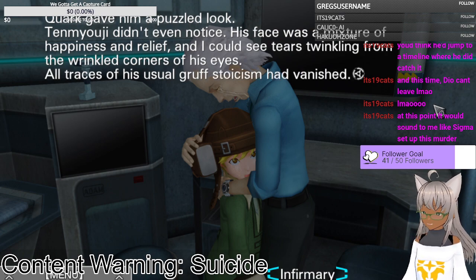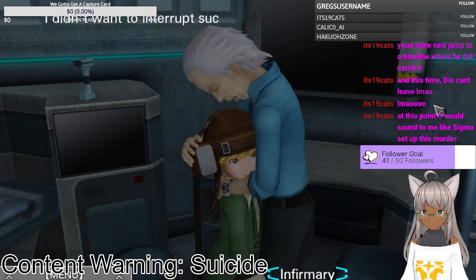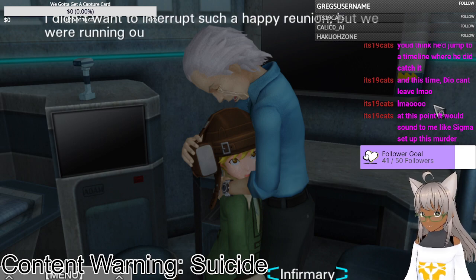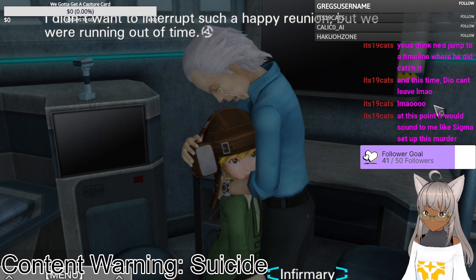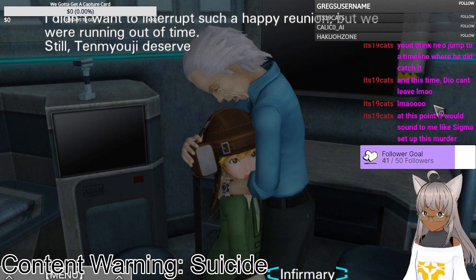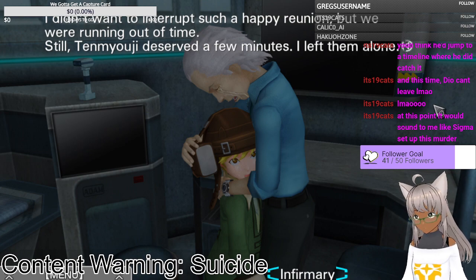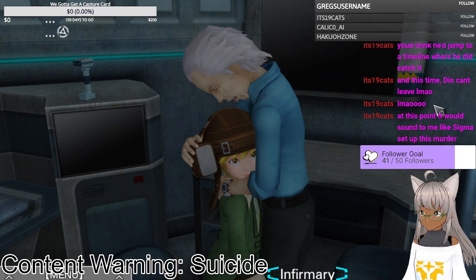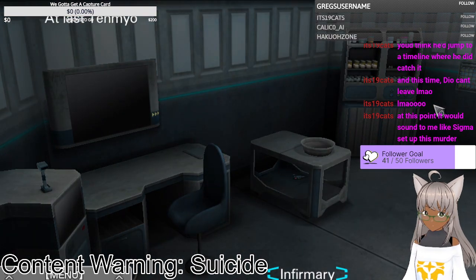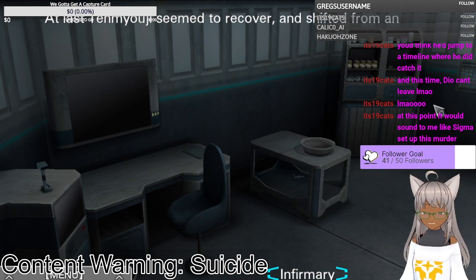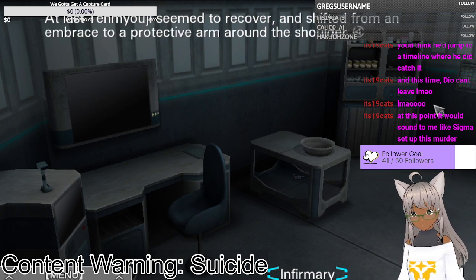All traces of his usual gruff stoicism had vanished. I didn't want to interrupt such a happy reunion, but we were running out of time. Still, Tenmyoji deserved a few minutes. I left them alone. At last, Tenmyoji seemed to recover and shifted from an embrace to a protective arm around the shoulder.